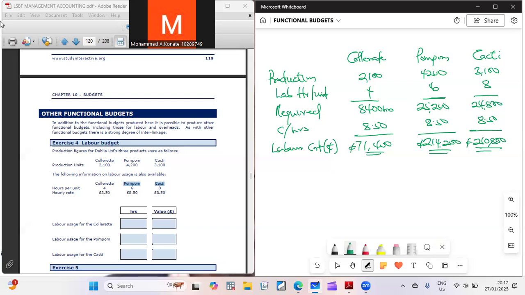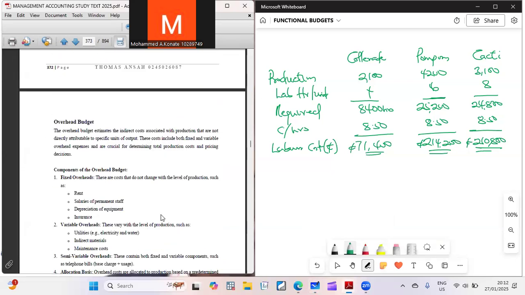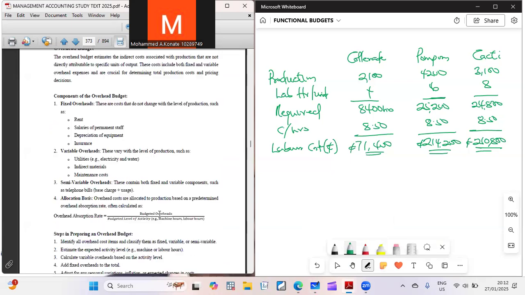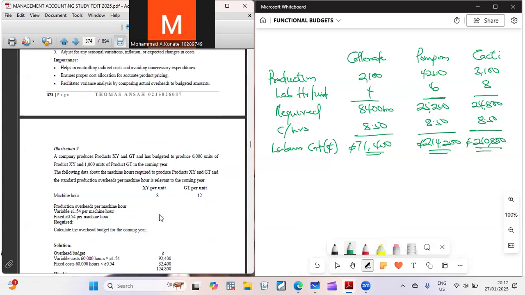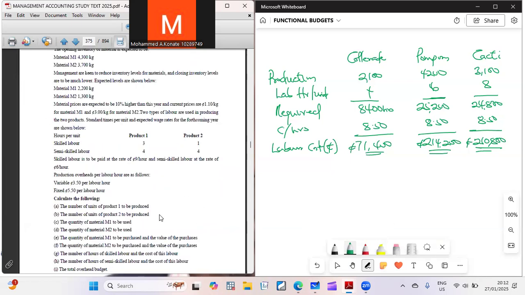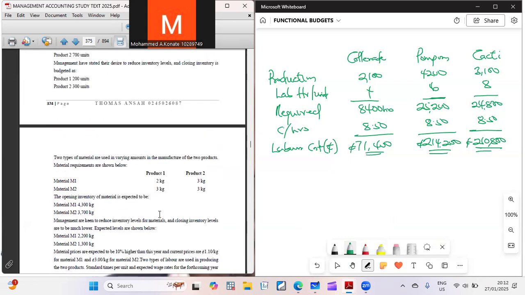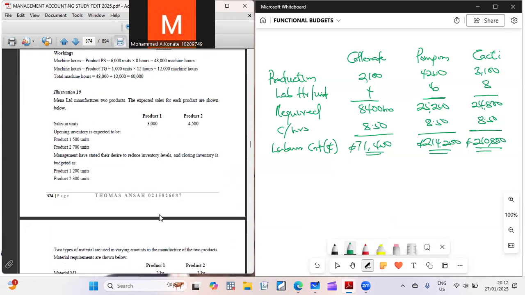So that is good. Now the next thing we need to learn after the labor is the overheads, and that is basically the end of the production side. As for the other side, you'll be given a straight figure. When you finish, I'll give you this assignment to do.